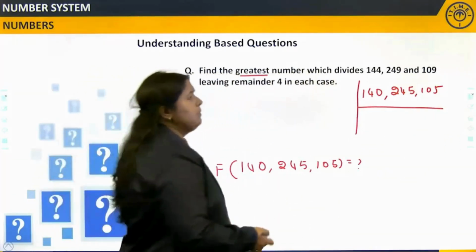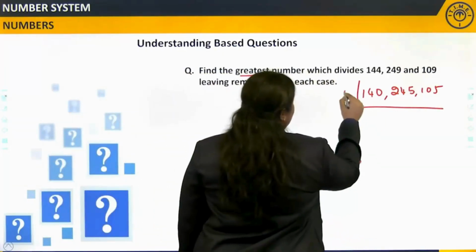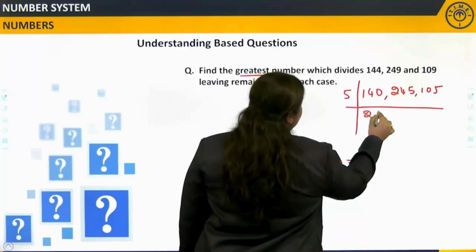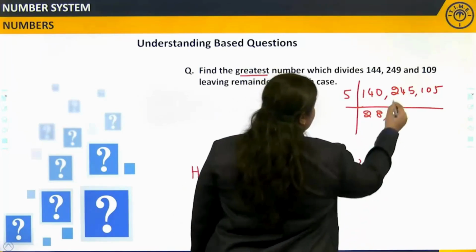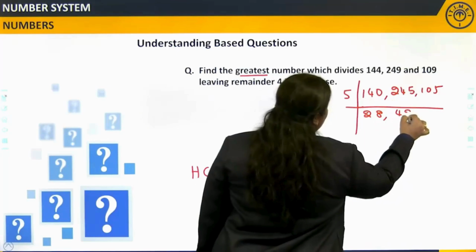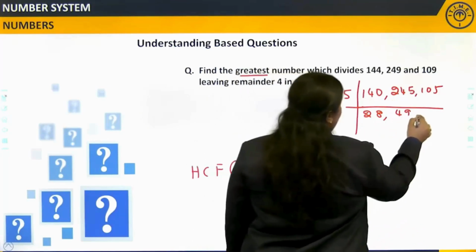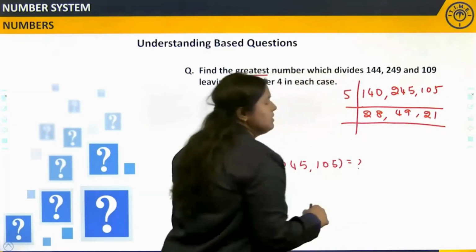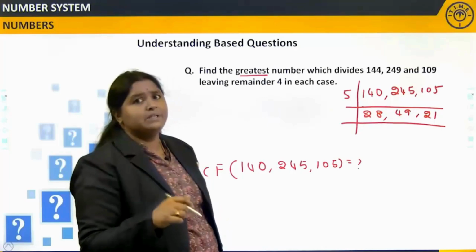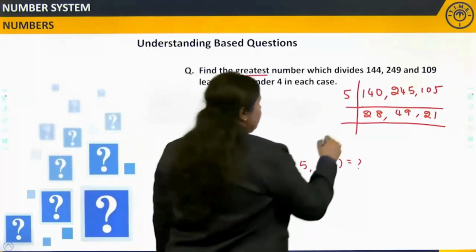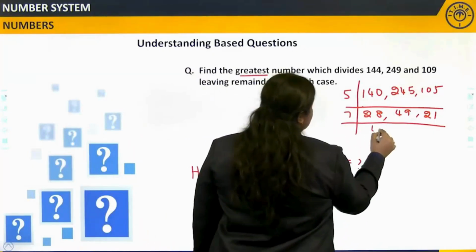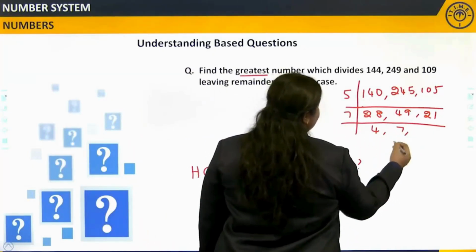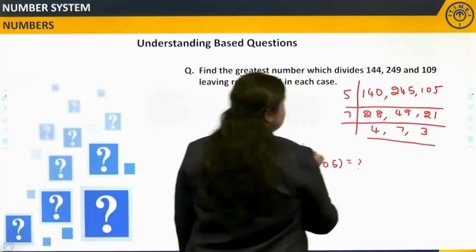So when you divide by 5, what happens? 28 5s are 140, 49 5s are 245, here 21. Now, all these are familiar numbers, no? All of them are present in which table? 7 table. When you divide by 7, 4 7s are 28, 7 7s are 49, 3 7s are 21.